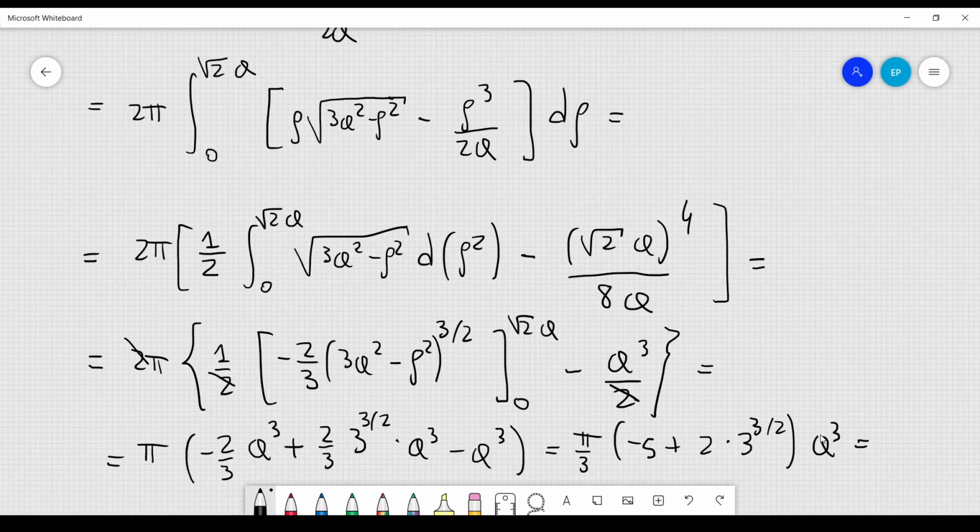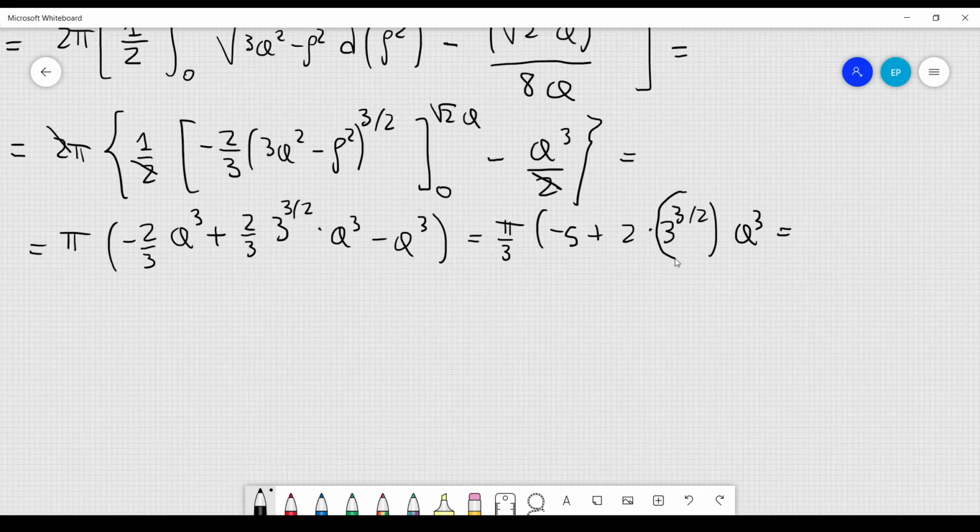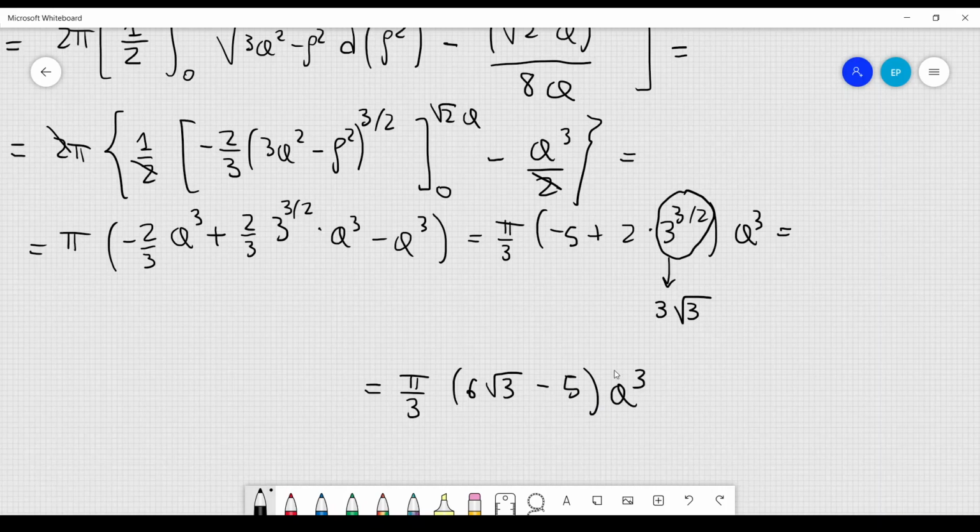And this is also equal to, so you can rewrite 3 to the 3/2 as 3 square root of 3, so you get that this is equal to pi over 3 times 6 square root of 3 minus 5, times a cubed, and this is the result of the integral.